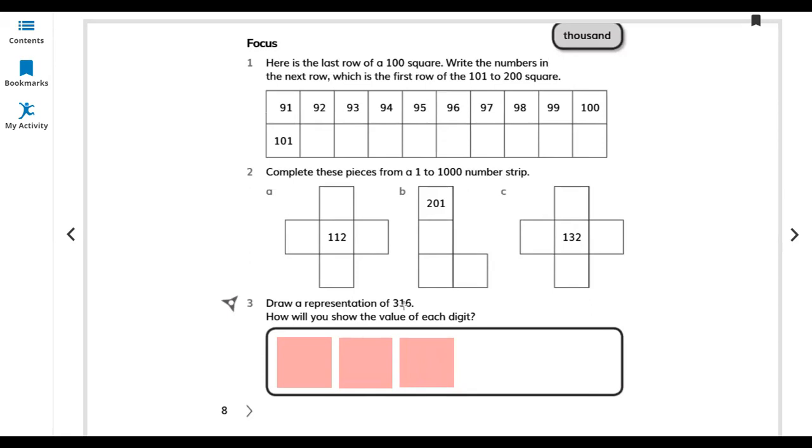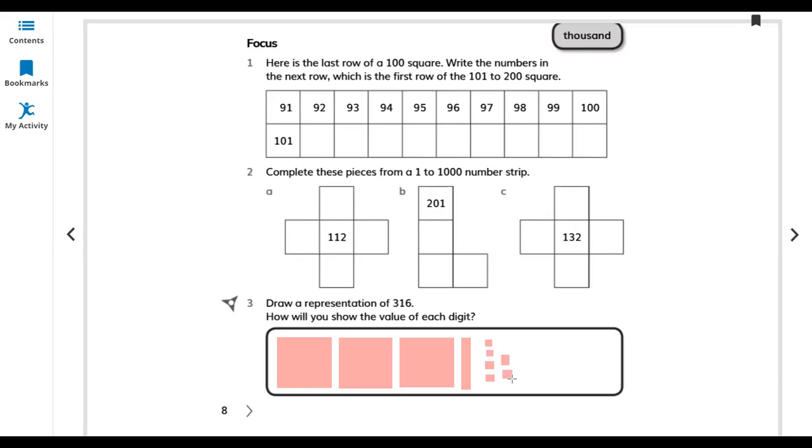After this, we have the tens place value, only one ten. This bar represents 10. And after this we have 6, so we need to make six small boxes: 1, 2, 3, 4, 5, and 6.